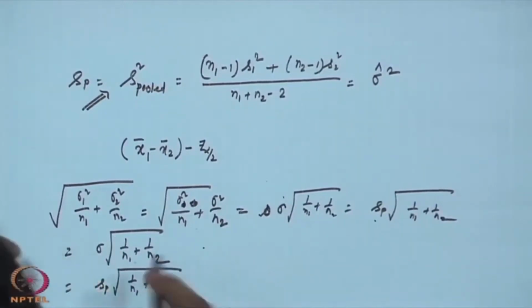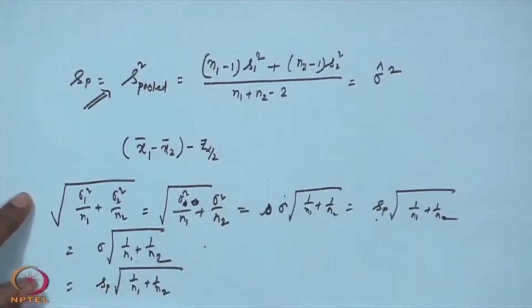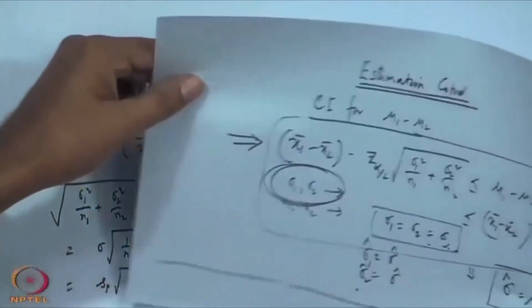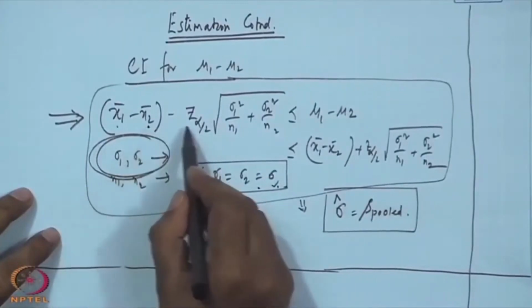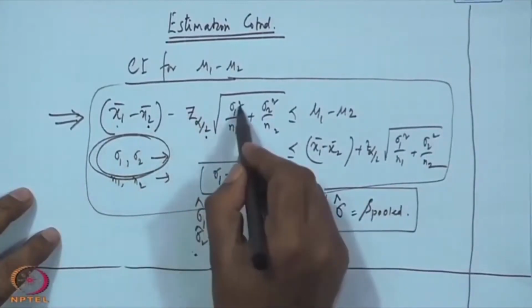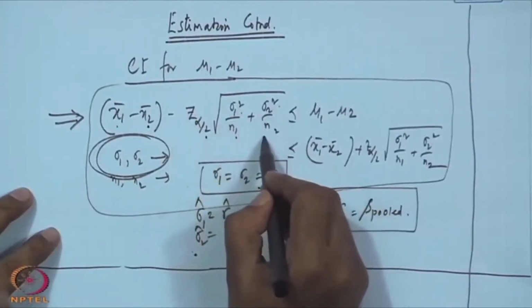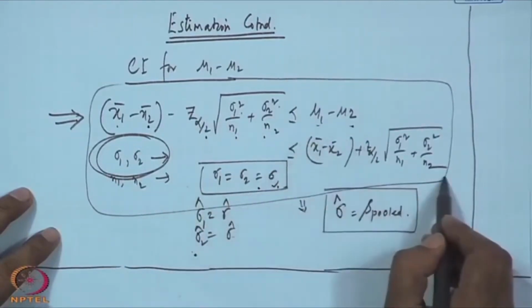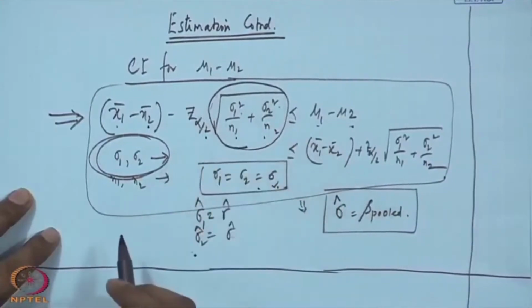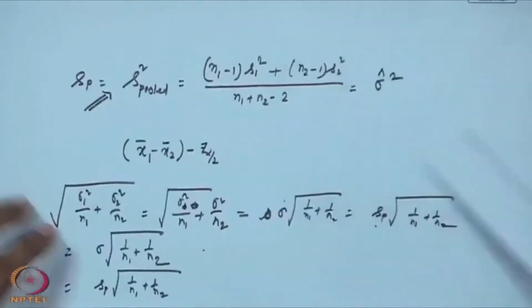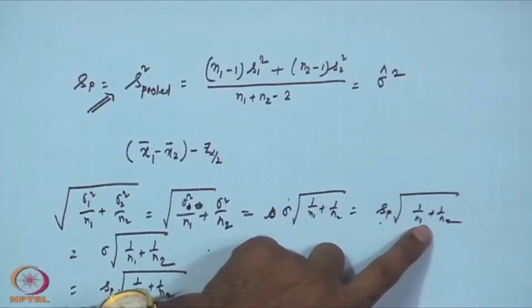Then your earlier derivation was like this: x1 bar minus x2 bar minus z alpha by 2 square root of sigma 1 square by n1 plus sigma 2 square by n2, less than or equal to this, less than this. Now, this quantity will be replaced by SP into this.